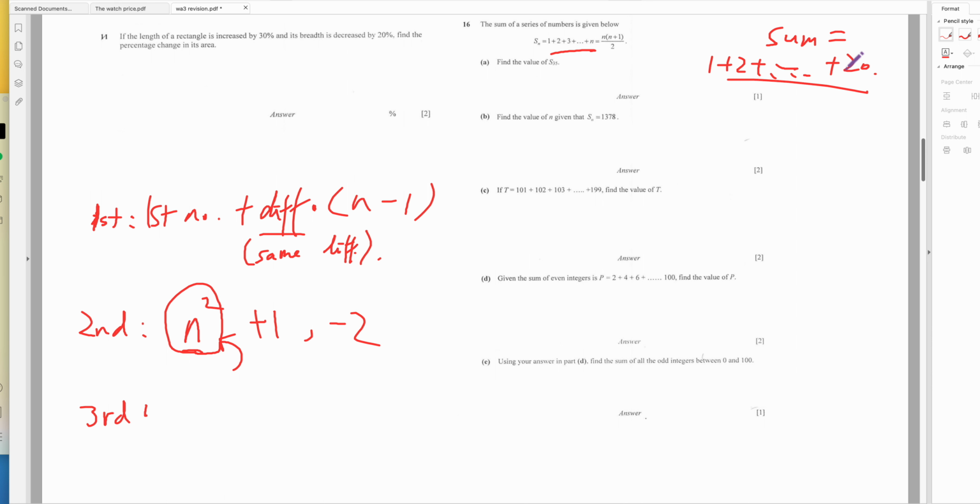So I do 1 plus 2 plus 3 plus 4. Can you see how you can get the sum of this using a formula? You can use the calculator, but you need to use a formula. For this simple one, you can build on it to get the harder ones.